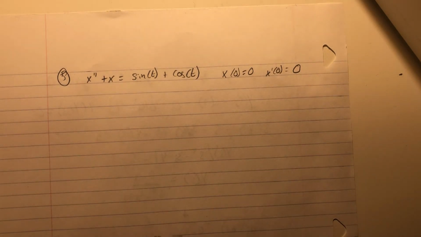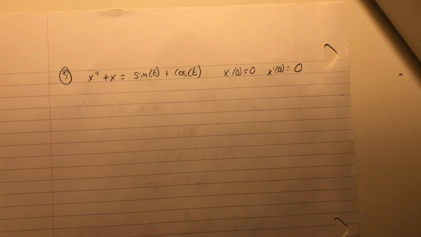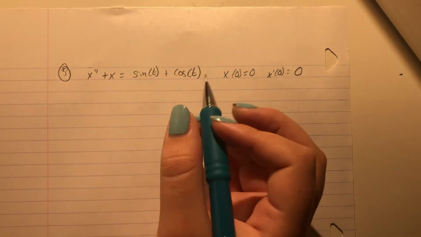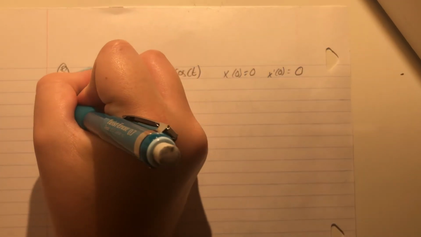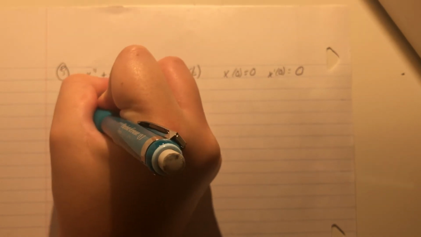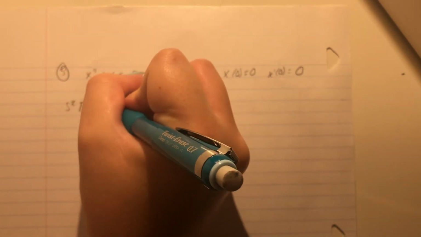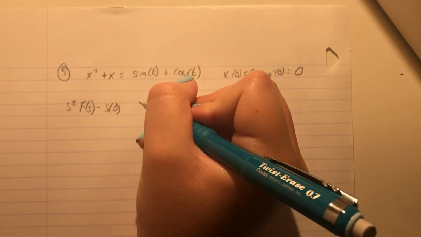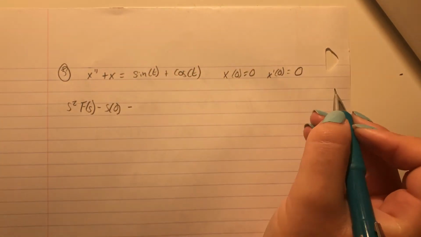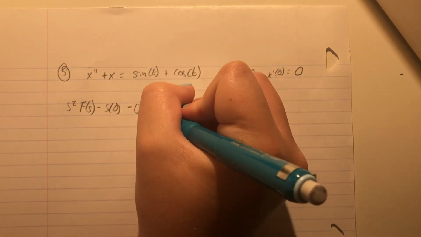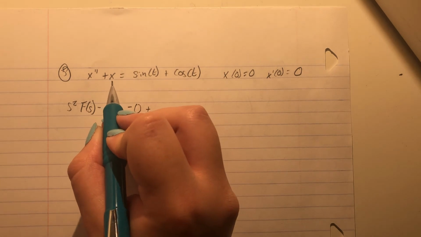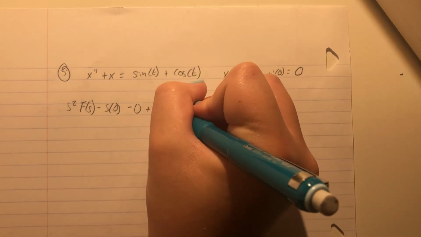So the Laplace transform of x prime is s times f of s minus x of 0, which is 0, plus the Laplace transform of x, which is just f of s.